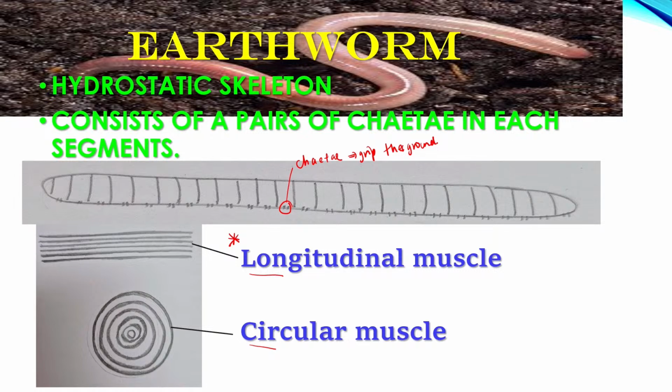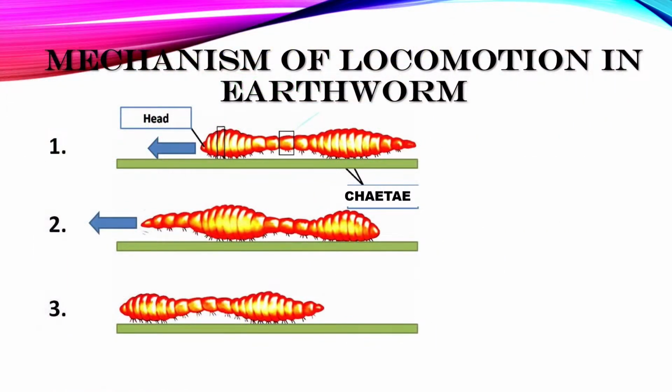Now let me see how the earthworm moves. Right, let me see here. This is how the earthworm moves. When they move forward, let's say this is their head here. The chaeta will grip the ground. You look here, it will grip the ground. You can see there are two types of movement here.